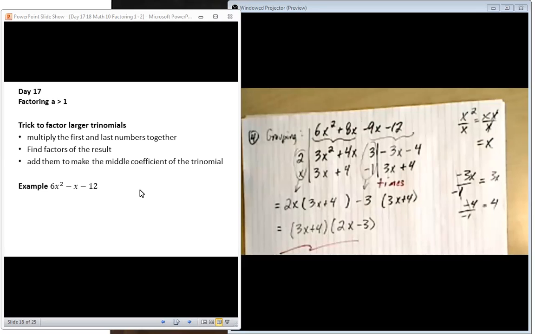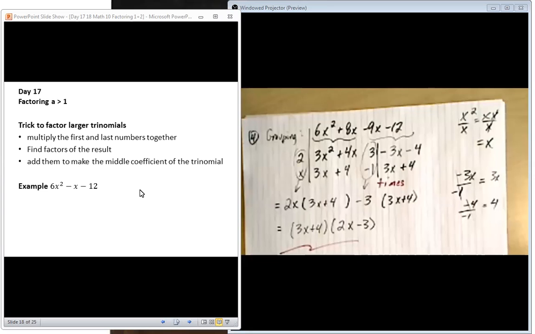This one gives me 6x squared, this one gives me minus 12. And I do another thing to see if I got this or not. If I don't, I change this.